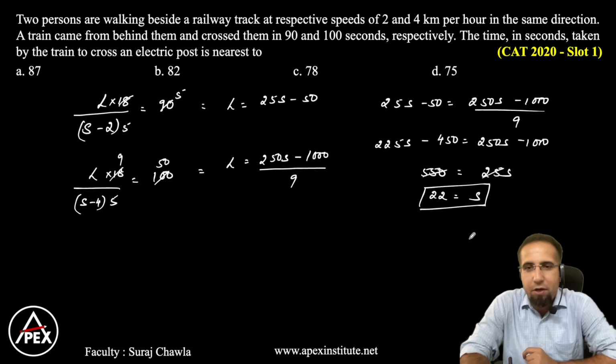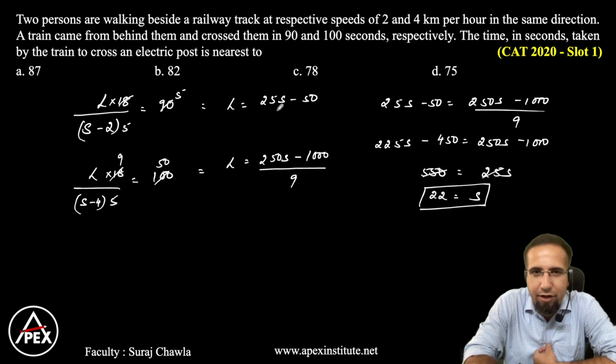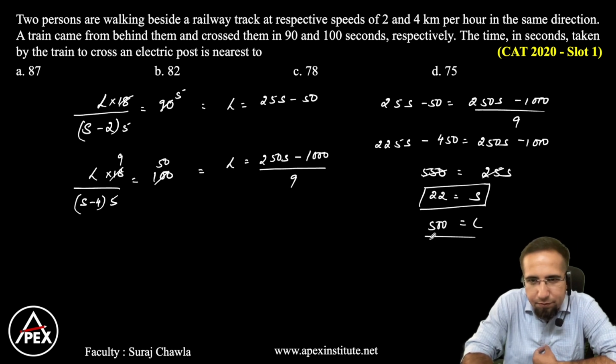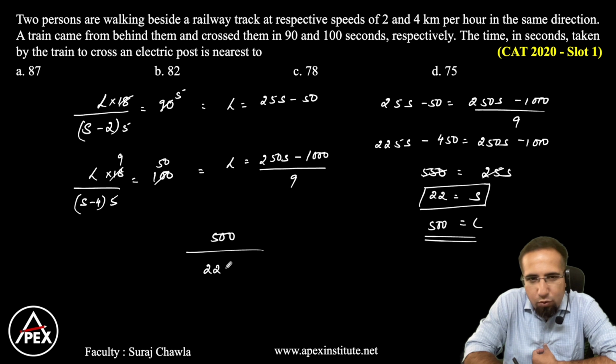Okay. If the speed of the train is 22 kilometers an hour, let's talk about the length of the train. The length of the train will be 25 into 22 minus 50. So 25 into 22 is going to be 550. 550 minus 50 is going to be 500. So the length of the train is equal to 500 meters. And how many seconds does this take to cross? That is 500 divided by 22 into 5 by 18.